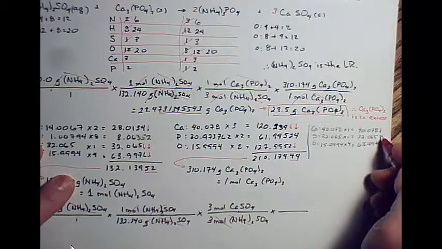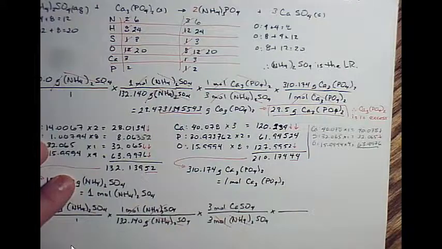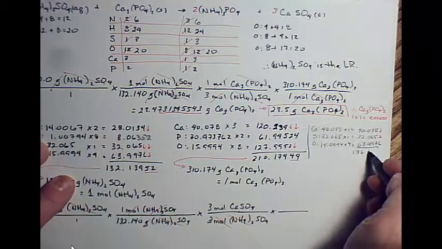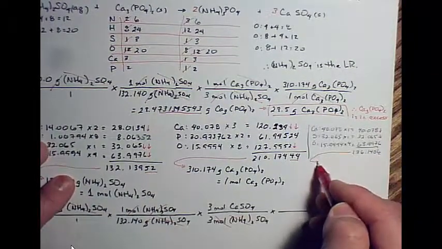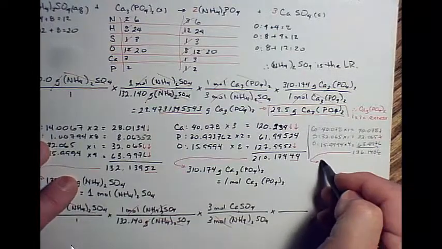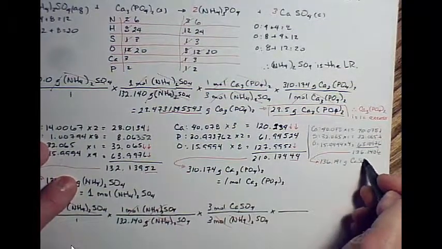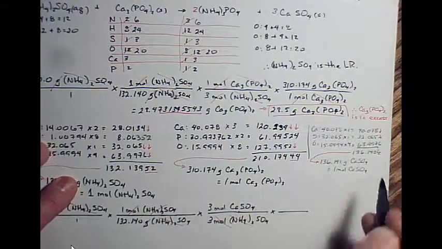All right, we got 1 empty slot on the right. Last digit gets rounded off. 136.141 grams of calcium sulfate equals 1 mole of calcium sulfate.